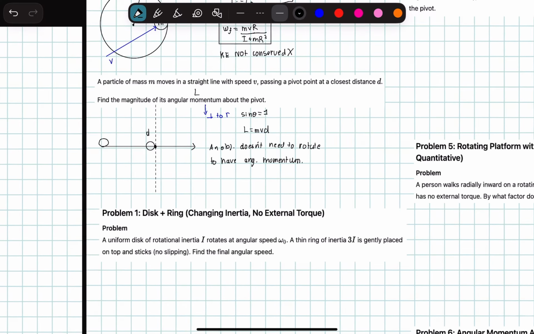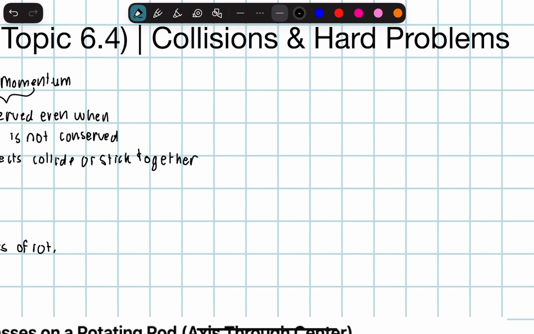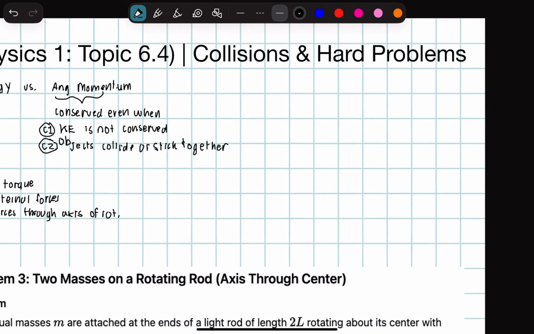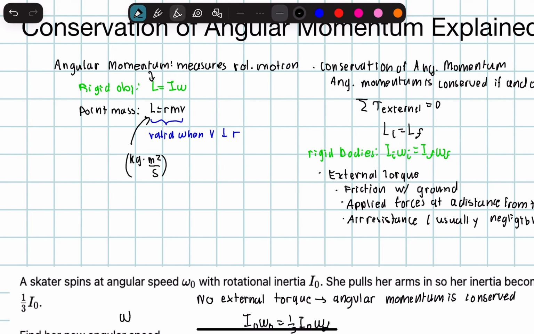Now, we can actually write down some formulas that we can take away from just these problems. So again, angular momentum, let's have a quick review. Angular momentum of a rigid body is L equals I omega. You use this for spinning objects.